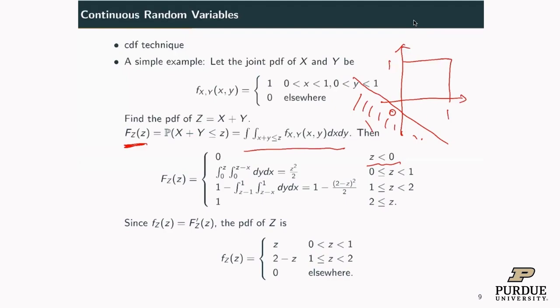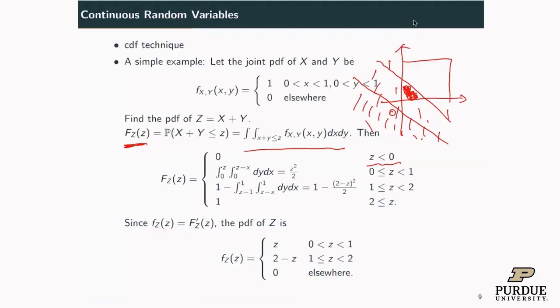Next, z between 0 and 1. X plus Y equal to z, so X plus Y less than or equal to z is this region. The overlap is here. Now you can do the integration from 0 to z, and 0 to z minus x. So you get z squared over 2.